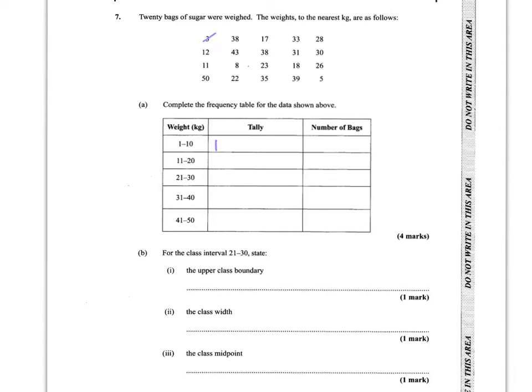3 would fall in this category, 38 would fall here, 17 here, 33 here, 28 here, 12 here, 43 here, 38 would fall here, 31 would fall here, 30 would fall here, 11 would fall here, 8 would come here, 23 would go here, 18 would go here, 26 would go here, 50 would go here, 22 would go here, 35 would come here, and 39 would come here, and 5 would go here.